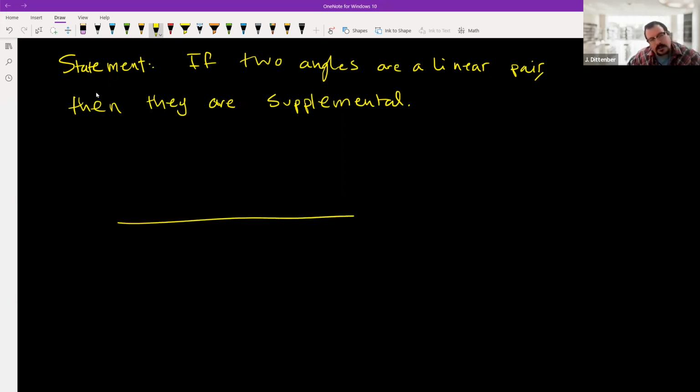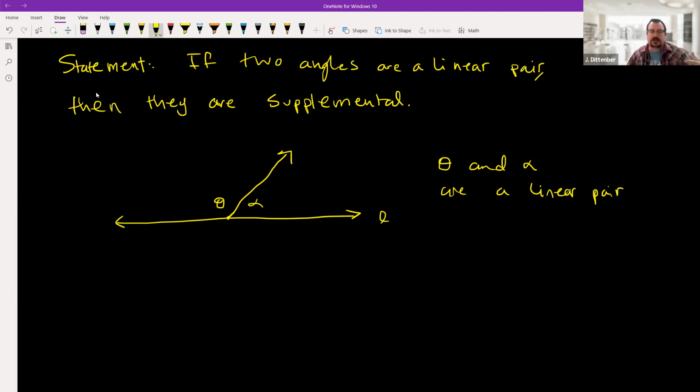A linear pair is two angles that share a line. For example, here, let's say I've got this straight line, we'll call it L. Then I have an angle here, which I'm going to call alpha, and this angle here called theta. Given that L is a straight line, it's always the case that theta and alpha are a linear pair, because they are adjacent to each other on a straight line.